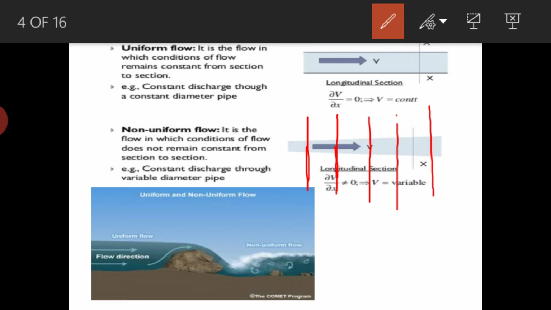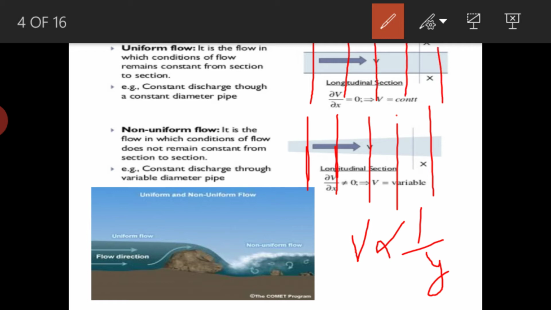The depth is not the same throughout the length. As the depth is not the same, the velocity will vary, because velocity is inversely proportional to depth of flow. If you take a section where the depth remains the same, the velocity at every such section will be the same, meaning velocity remains constant.